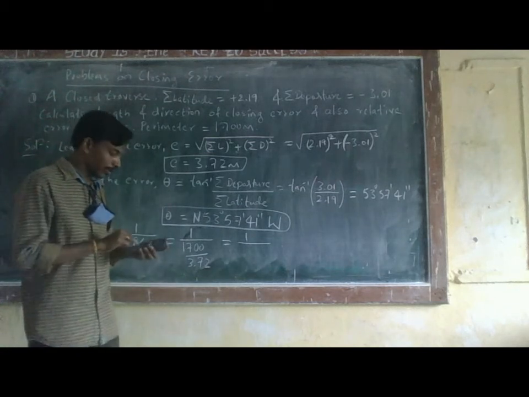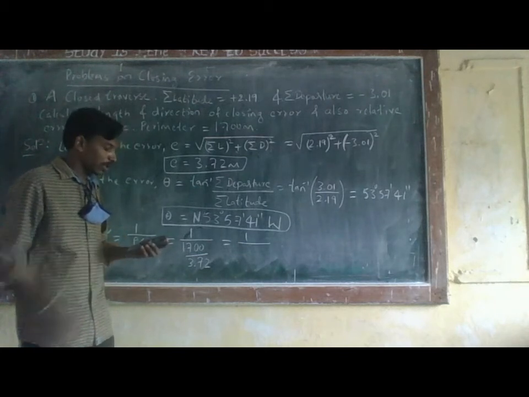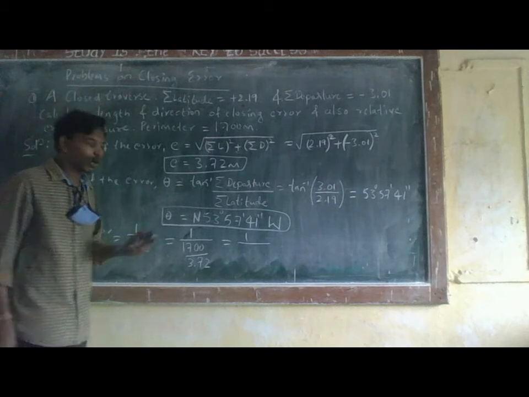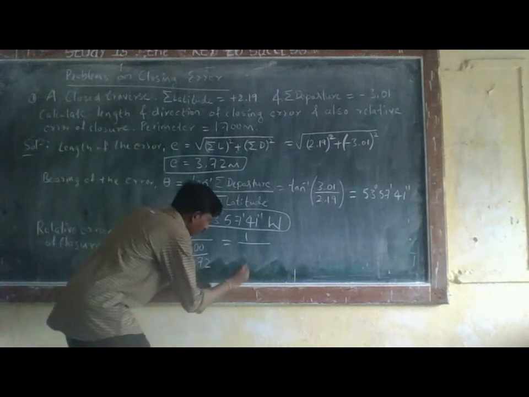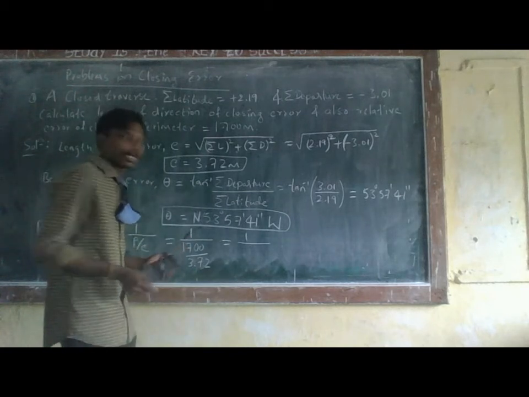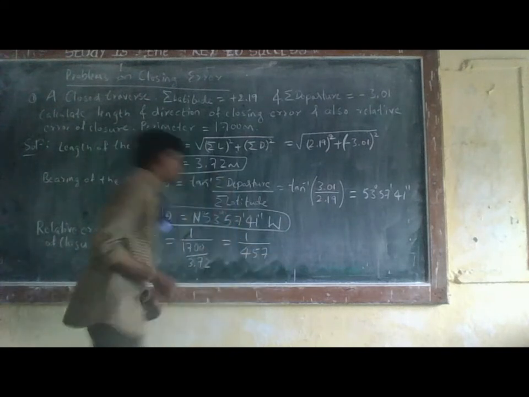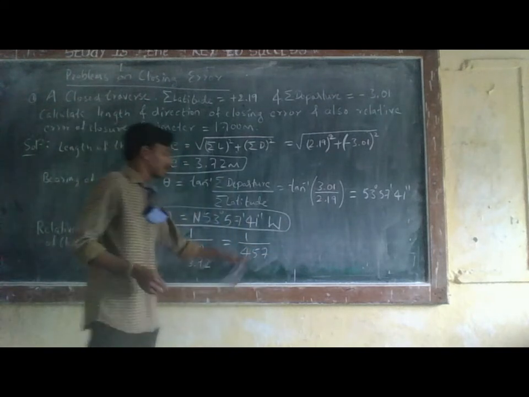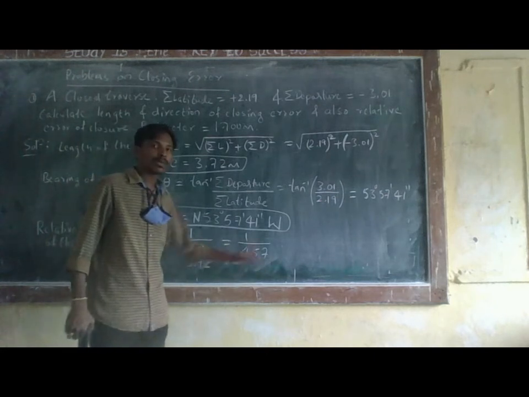That will give you the value 456.98. You can take it as 457. So directly write 457.